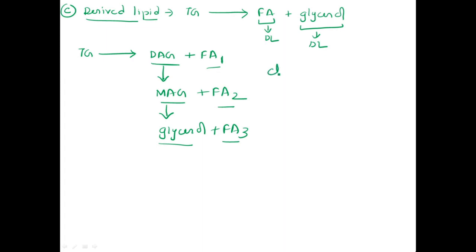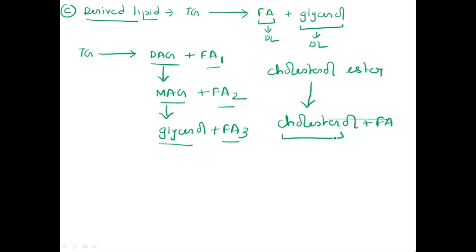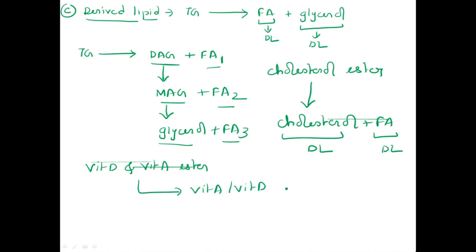Similarly, we have cholesterol esters. These are simple lipid. When they undergo hydrolysis, they produce cholesterol plus fatty acid. This cholesterol is also a derived lipid. Fatty acid is always a derived lipid. Similarly, we have vitamin D and vitamin A esters, which undergo hydrolysis to produce vitamin A or vitamin D plus fatty acid.